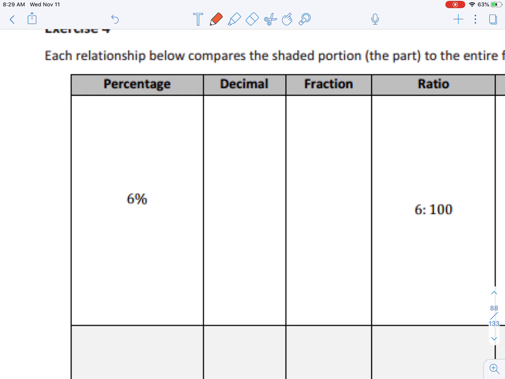Well, if you're thinking 0.6, you are incorrect, because 0.6 is equal to 60%. Okay? So 6% is 6 out of 100, so it's going to be 6/100. So we need to put a 0 and put the 6 in the hundreds place. Okay? And as a fraction, it's going to be 6 over 100.